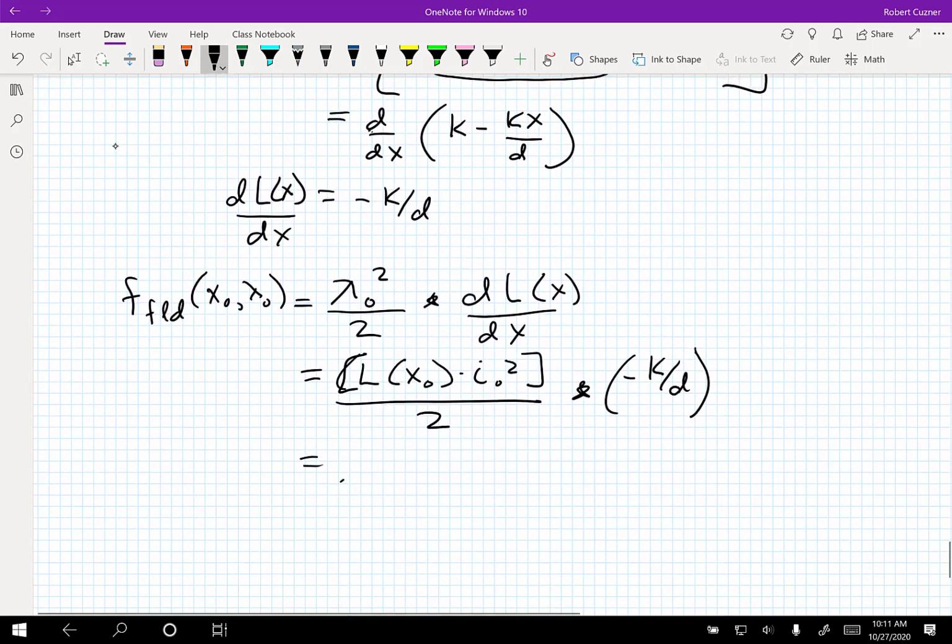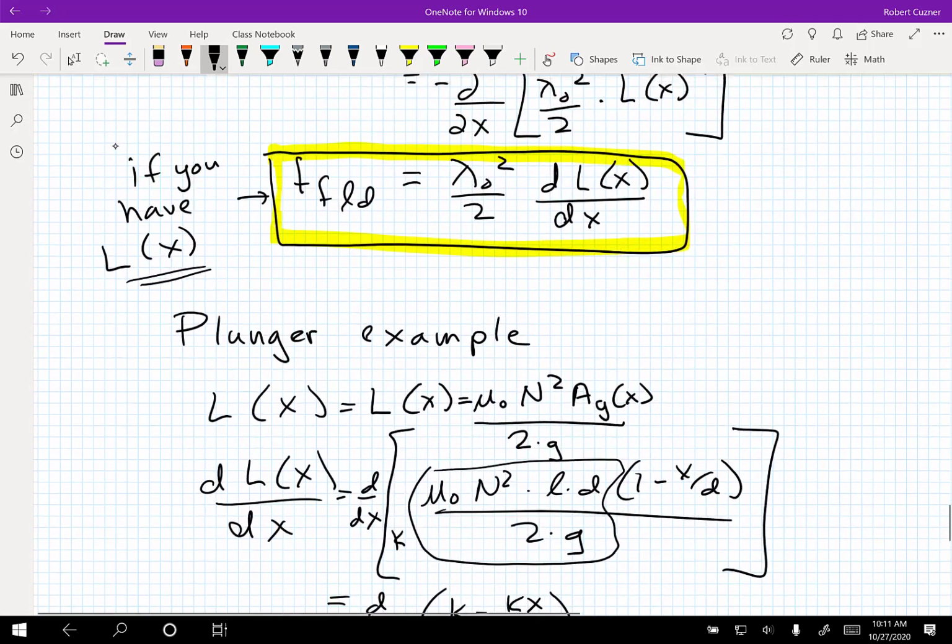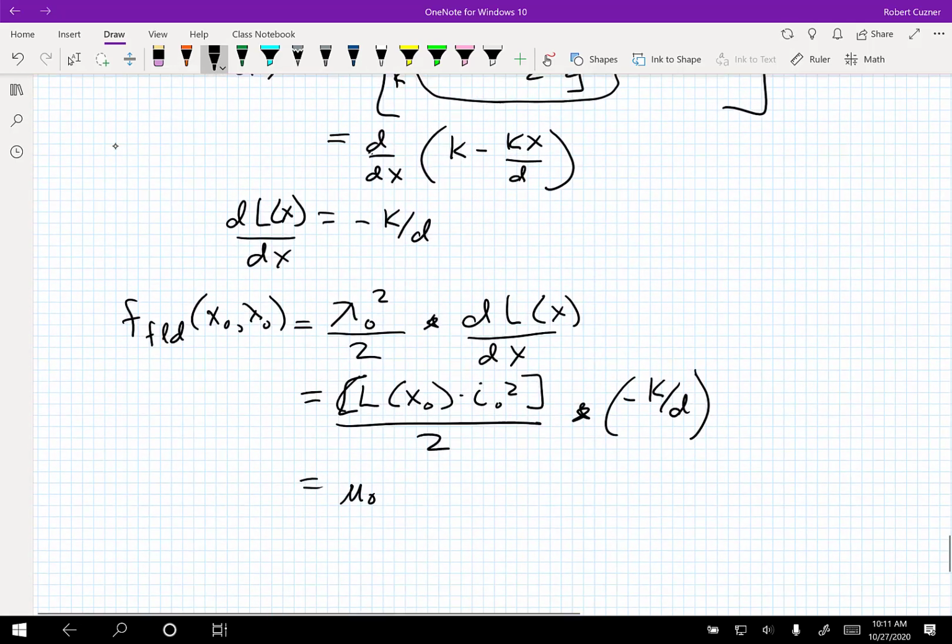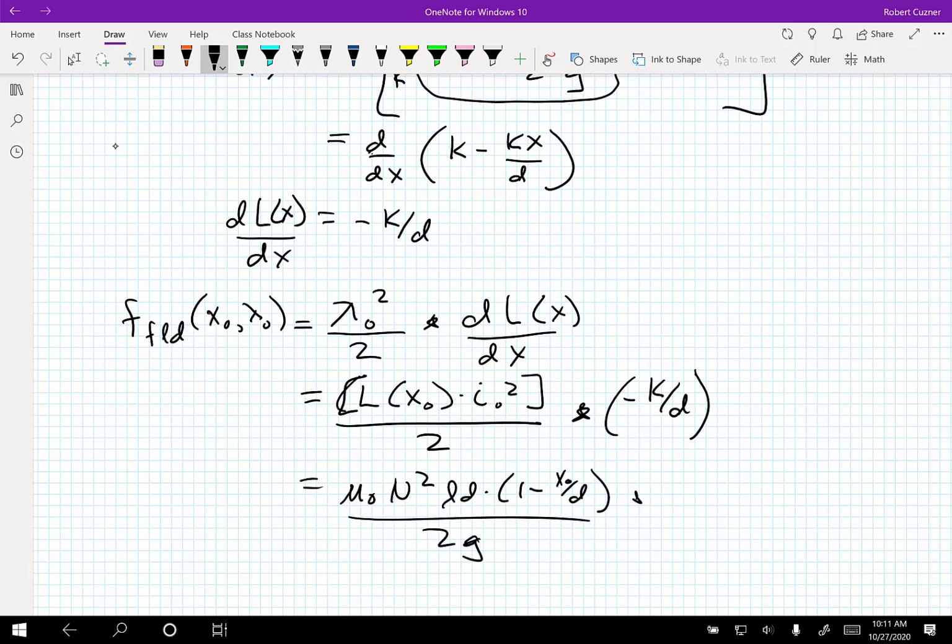So that would be mu naught n squared LD times 1 minus x over d, but we're at some position, over 2g, times negative k over d.